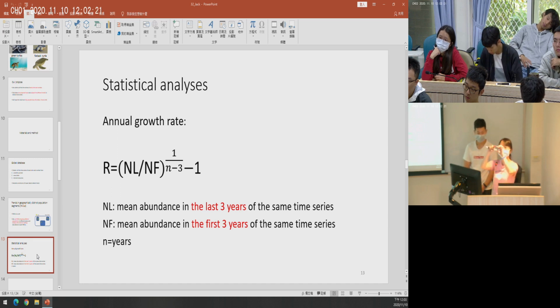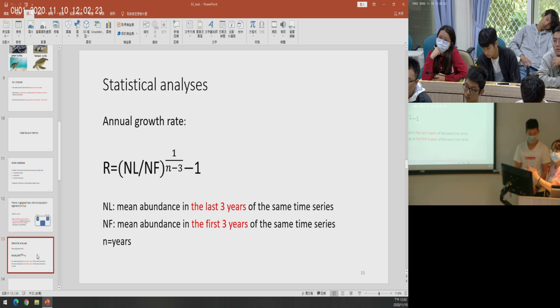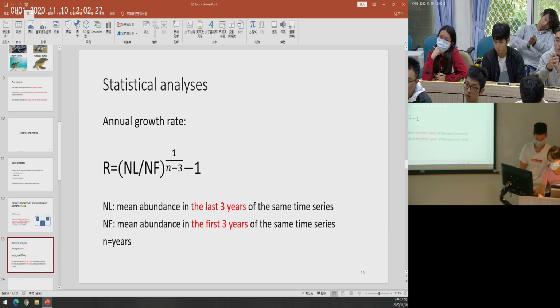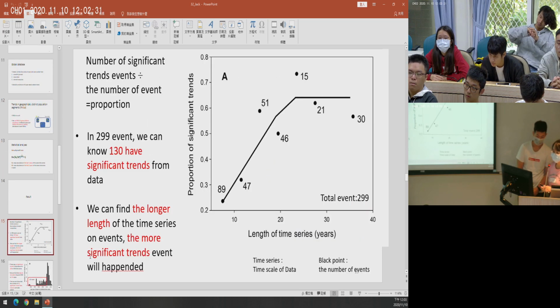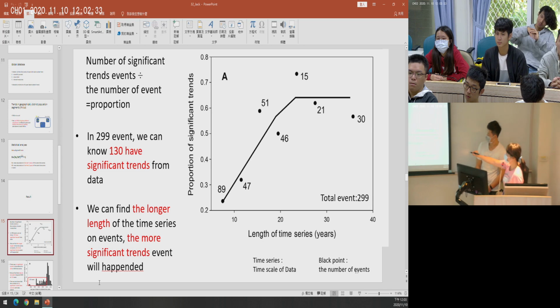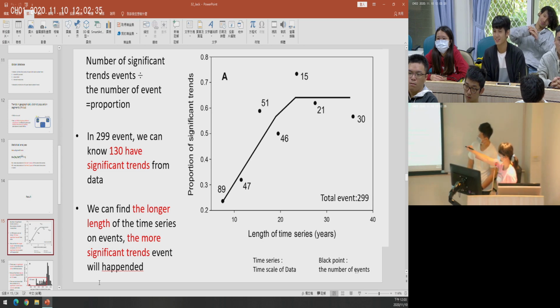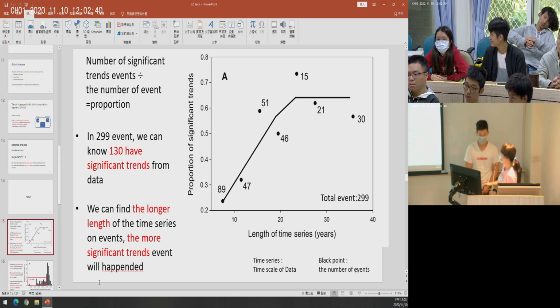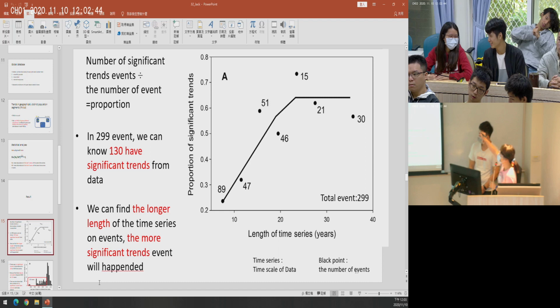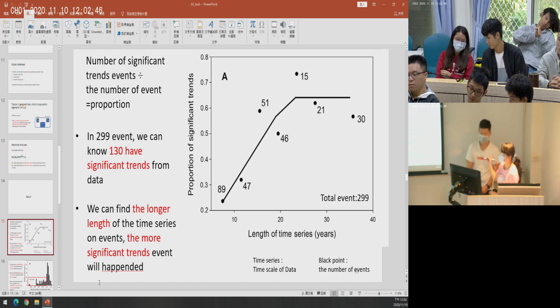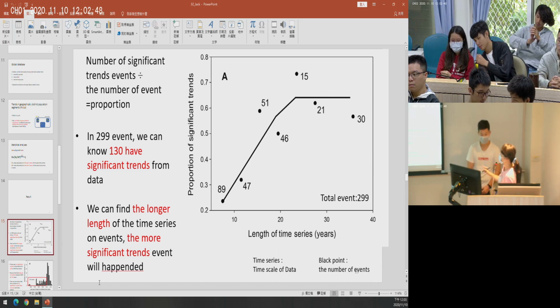So you need a criterion to say yes, it's increasing, or yes, it's decreasing. Because in your data you always say "significant trends." This is a keyword. How do you define that a trend is significant? When you say significant, you mean significantly increasing or decreasing. So you need to tell us how you define that.